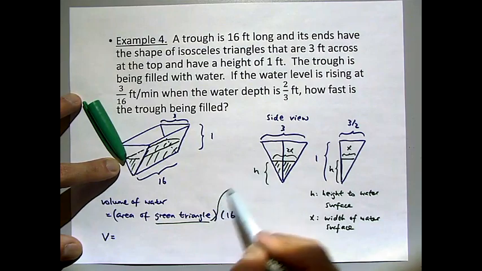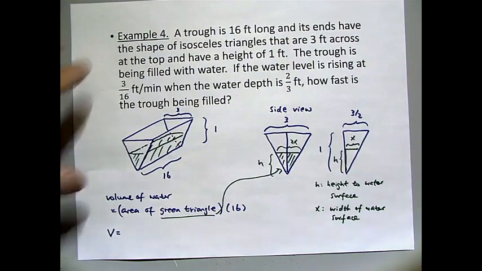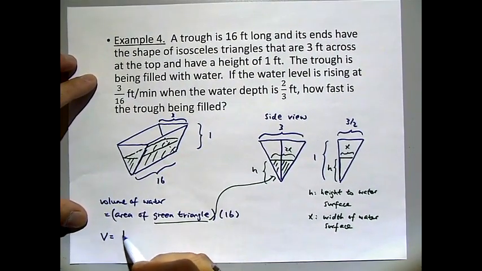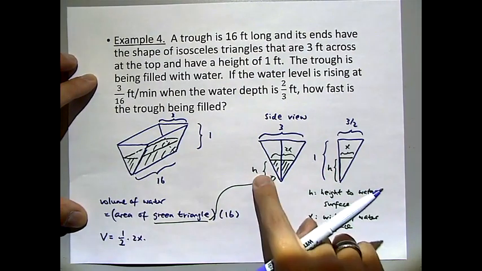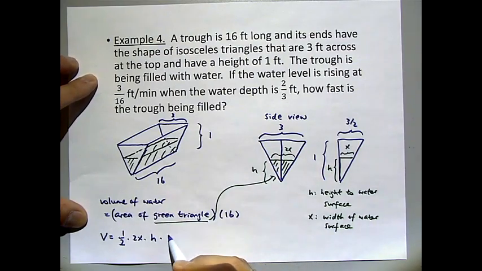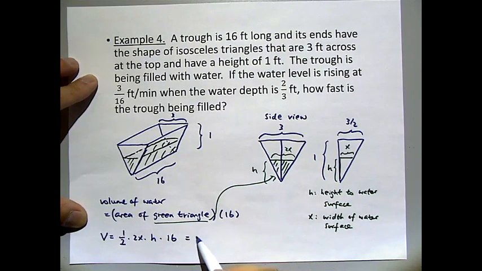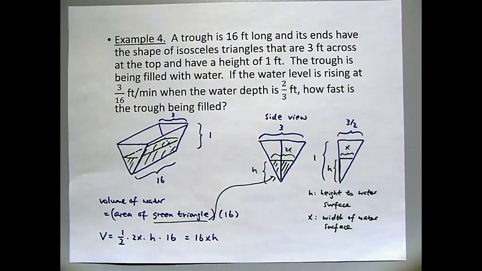So this triangle is this guy right here: one half base times height, times 16 feet deep into the picture. 16xh is what we end up getting. Okay? All right. Now we can find out the stuff we want.